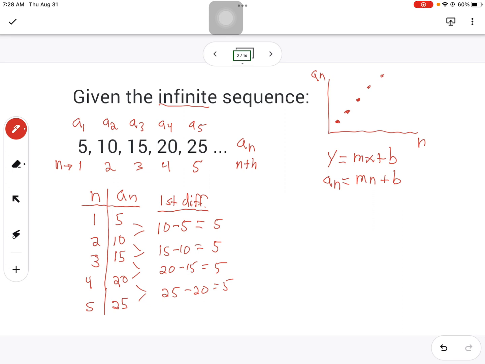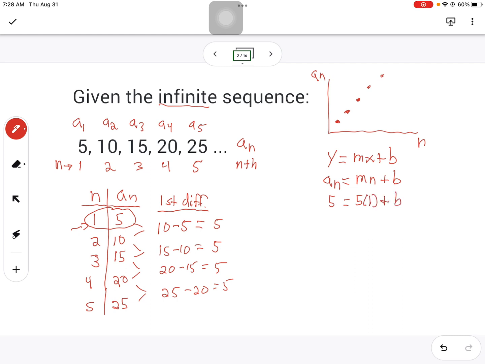All right, so I have a sub n is equal to m times n plus b, so I'm just rewriting our linear equation, and I already know my rate of change, my slope is 5, so I'm going to go ahead and substitute that in. I also am going to have to require points, so n and a sub n, I'm just going to choose the easiest one for me, which would be 1 and 5. So 5 is our a sub n and n would be 1.